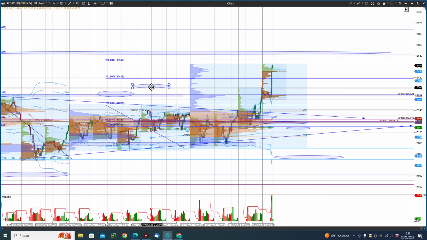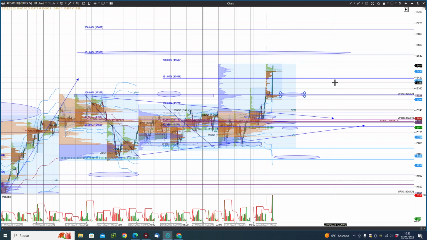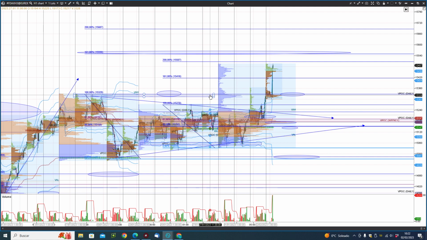It's very clear. This point, naked daily, well, it's current daily VPOC, but it's a high volume node, intraday high volume node, 15,390.